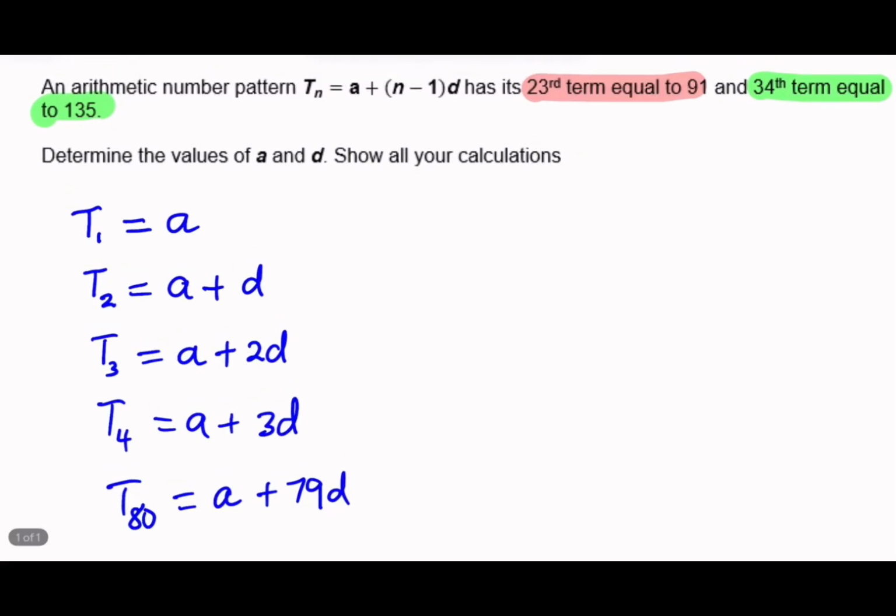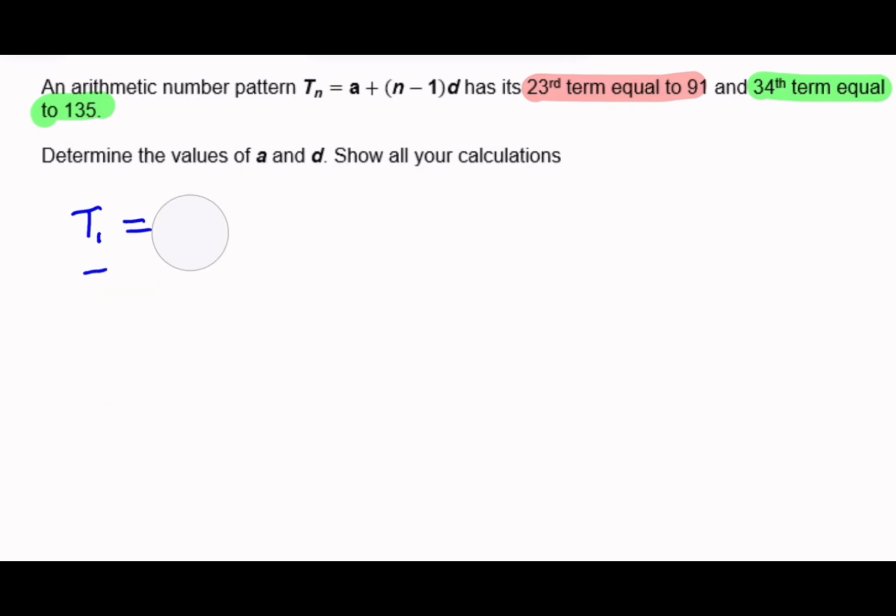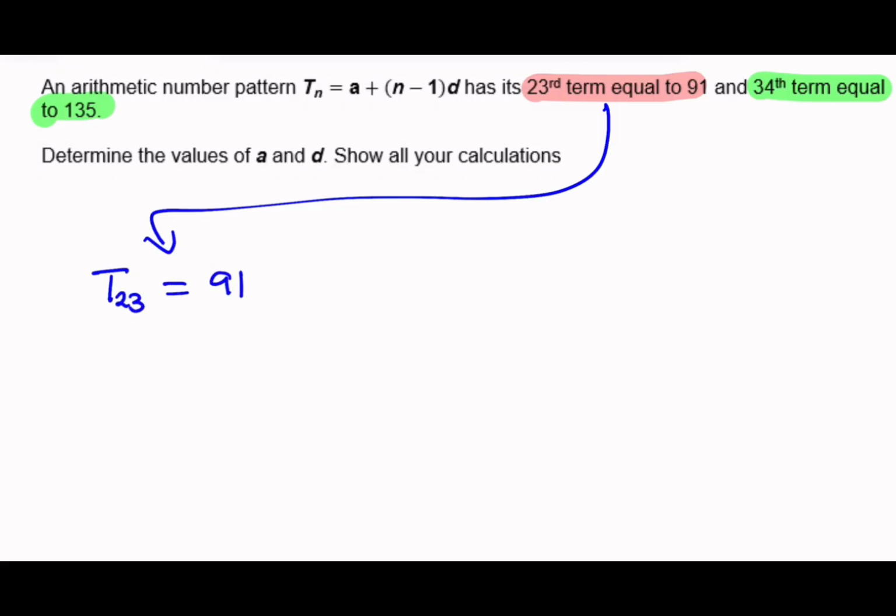Keeping that in mind, we can now look at the given information. We can say T23 is equal to 91. But T23 is the same thing as a plus 22d, equal to 91. That gives us our first equation.